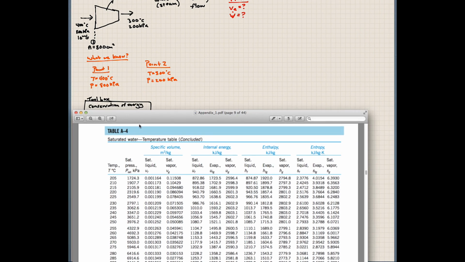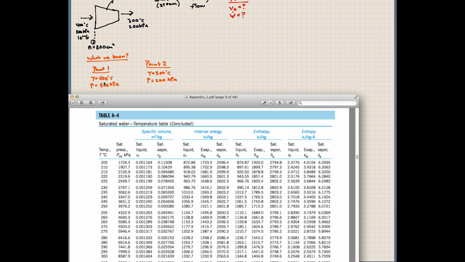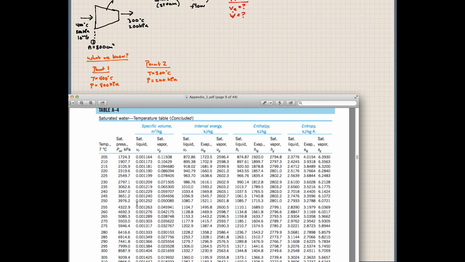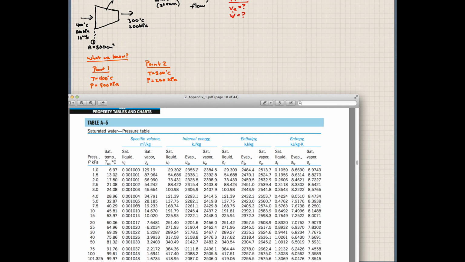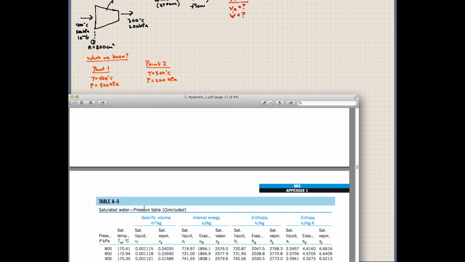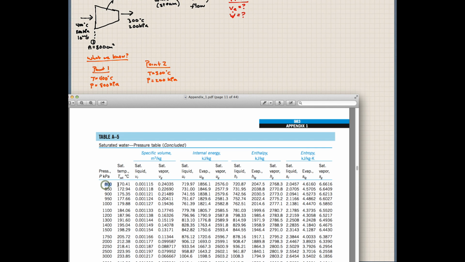Now for our first condition, let's look here. Our first condition is 400 degrees Celsius, 800 kilopascals. Is that steam or is that a saturated vapor or saturated liquid? So let's look at the pressure tables. Pressure table, let's look at 800 kilopascals. Here we go, 800 kilopascals.